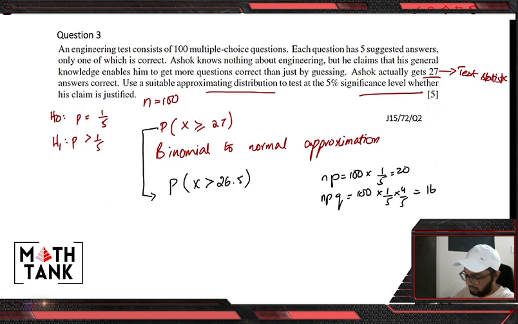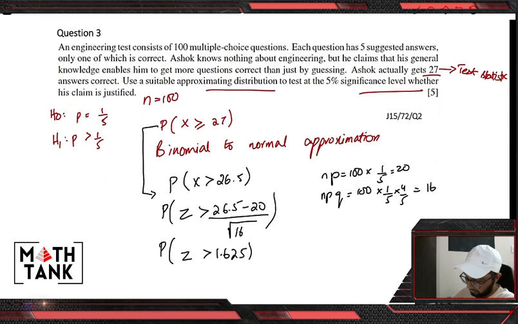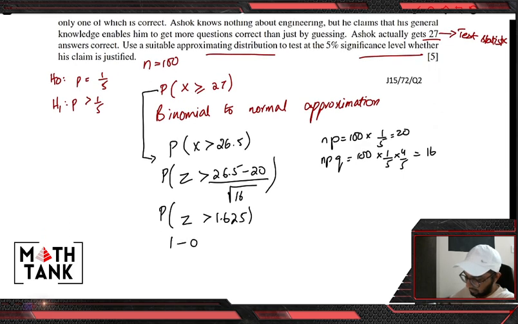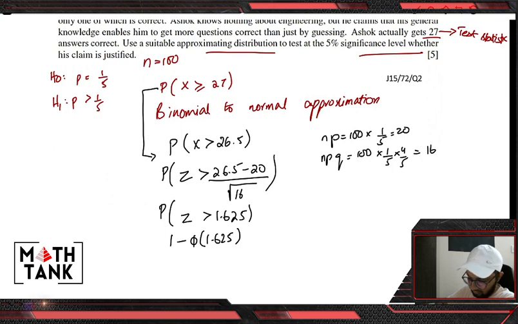So I'm going to turn this into z and say that this is 26.5 minus 20, divided by root of 16. I'm getting 1.625. So 1 minus the probability for 1.625. I have to use my normal distribution table for 1.625.